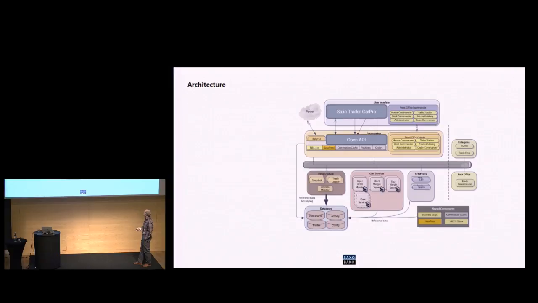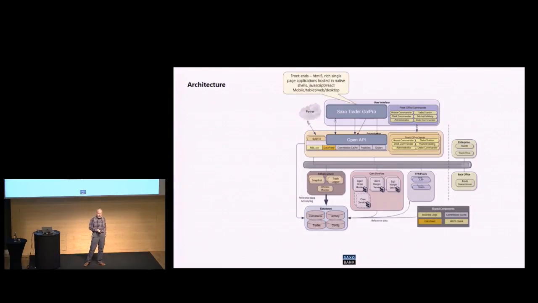There is some connectivity to the market. And then in the end, there are some databases here as well. And as I said, we're going to focus on core and trading and execution. There is also a back office system and money going in and out of the bank as well. I won't cover that in this talk.